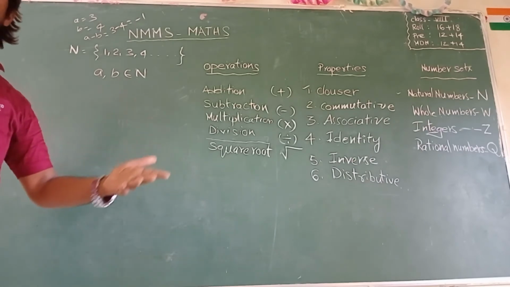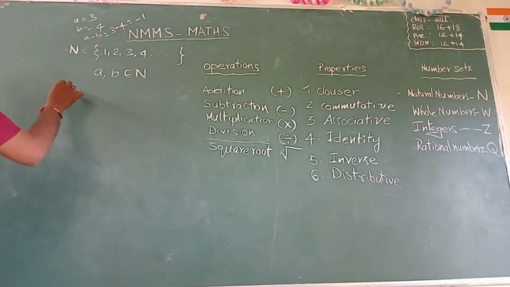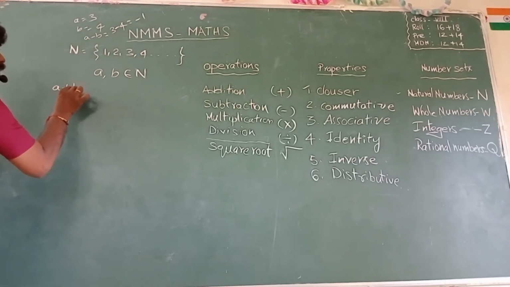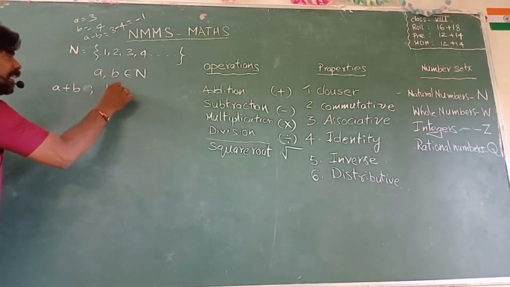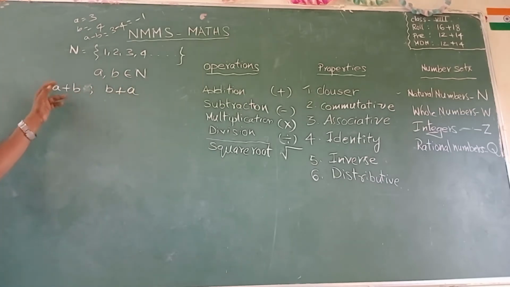So now I am doing the operation a plus b, comma, b plus a. I am adding a to b, adding b to a.